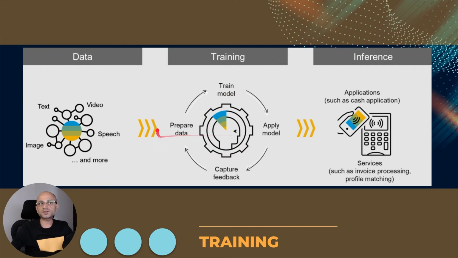When it finishes the training, we will end up with a model which can be used in real time by any application to read a new kind of data, which may be similar to the data that we used for training. And now the model will try to predict the outcome, which is known as inference.